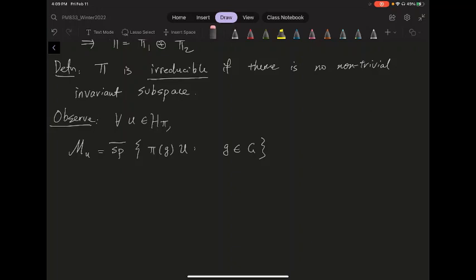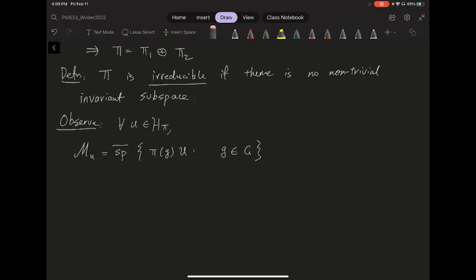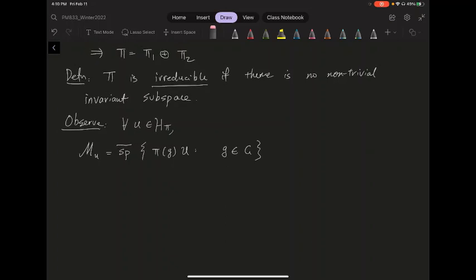So what happens to this M of u? Take any h equal to a summation of pi of gi applied to ui inside M of u, let's do a finite sum first, i going from 1 to n. Then you take any pi of x and apply it to h. Because pi is a unitary representation, this pi of x will go inside.